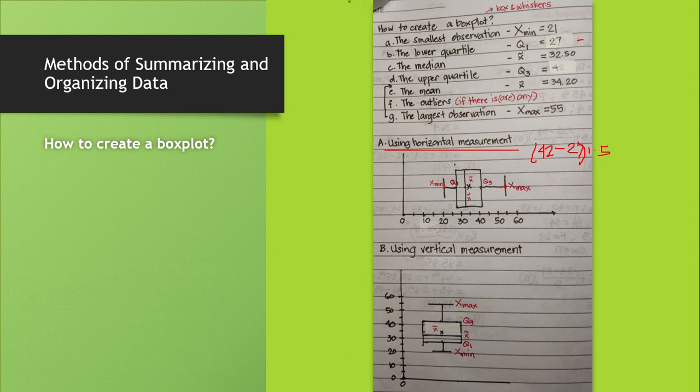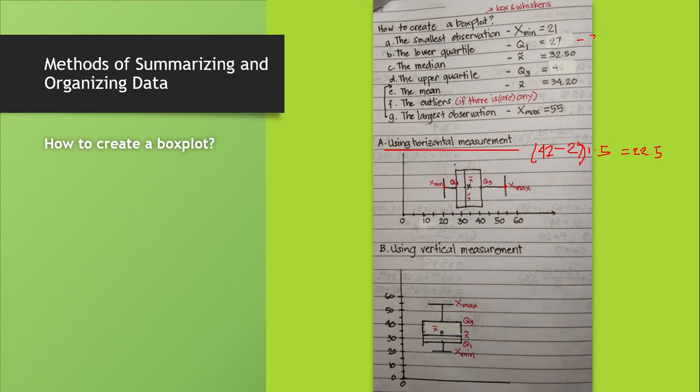Let's calculate if we reach an outlier or not. Though in the figure we don't have an outlier, we have to prove that there are no outliers in our data. So that's 42 minus 27 multiplied by 1.5, which is 22.5.